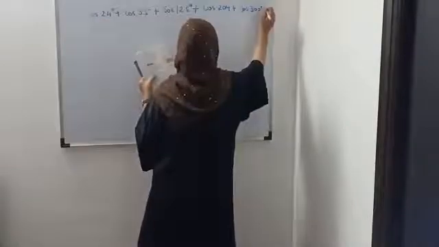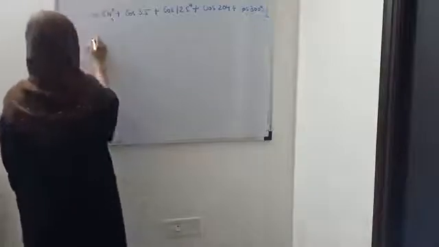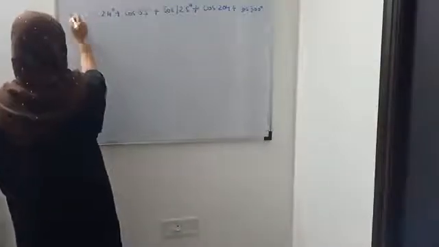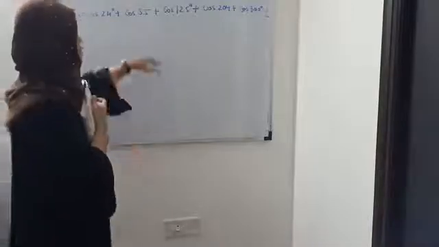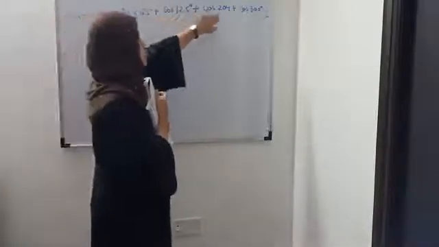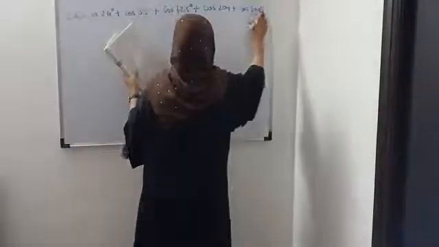You have to show this is equal to half. Okay, so we will start with the LHS, which is cos 24 plus cos 55, cos 125, cos 204 and cos 300 degrees. We have to show this is equal to half.